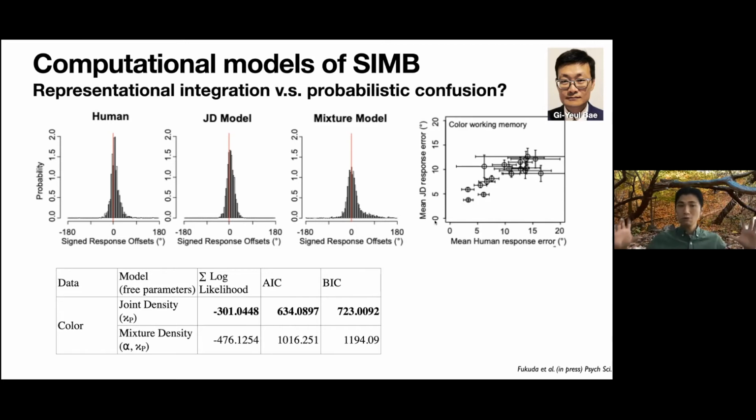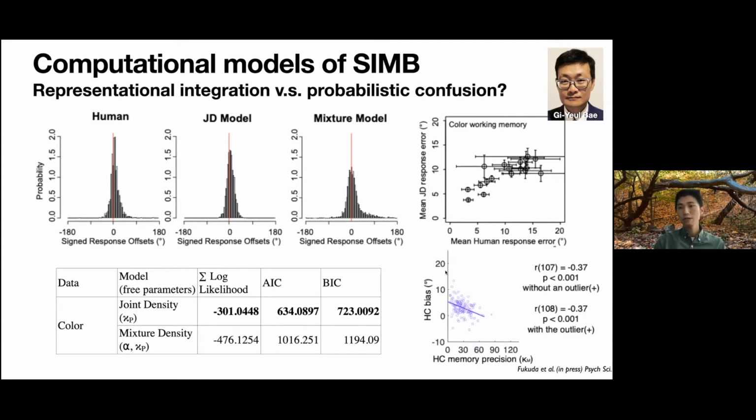That makes it prone to create an overlapping representation with further away probes. So we tested that by gathering people's memory precision and the magnitude of the bias. And here what we found is a nice negative relationship between people's memory precision and the magnitude of the bias. So this provides empirical support for the representational integration.